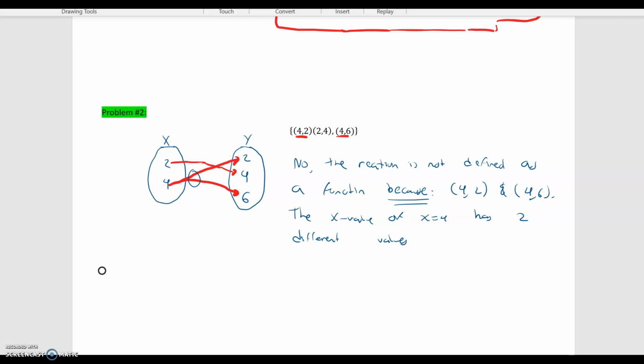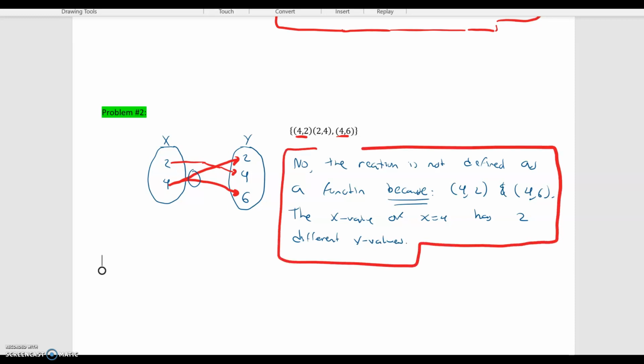And what we're supposed to get here is unique y values. So that would be it. And once again, this one fails because of the x value of 4. It gives you a 2 and a 6. So technically not defined as a function.